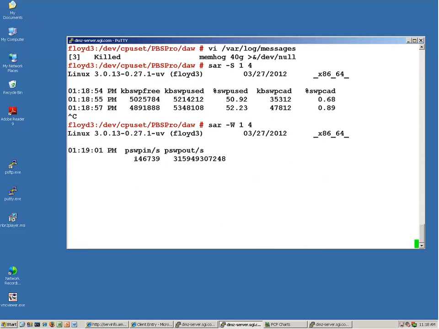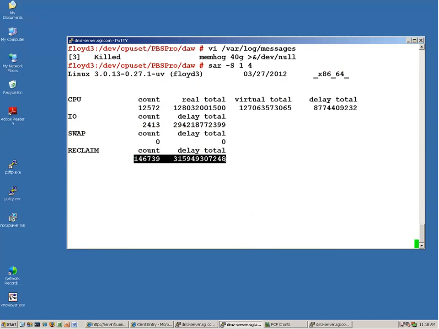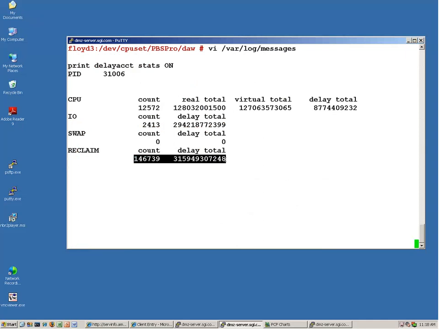And look at reclaim time. I believe these are in nanoseconds. That looks to me like 326 seconds that it has been waiting for a trim. This is the memory trim. This is shrinking the slab, the buff mem, and the cache.